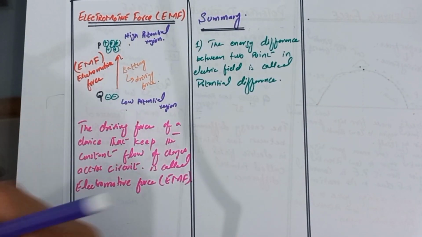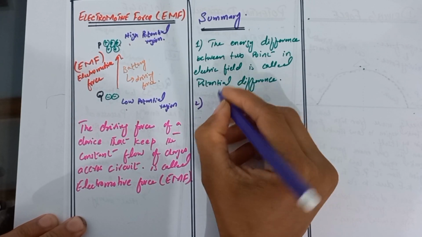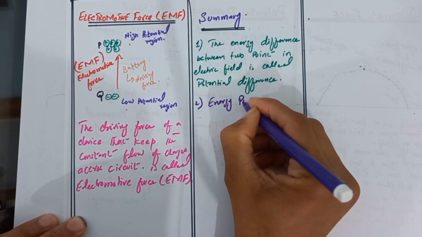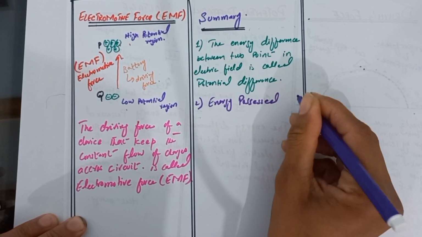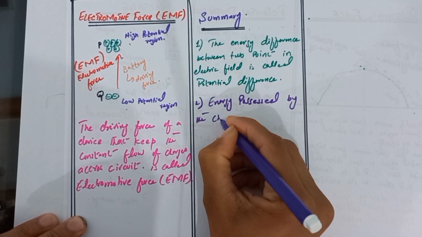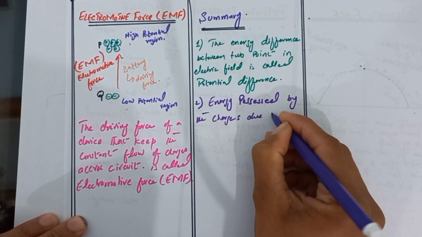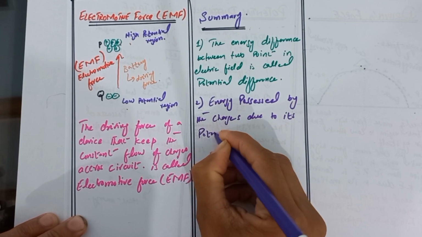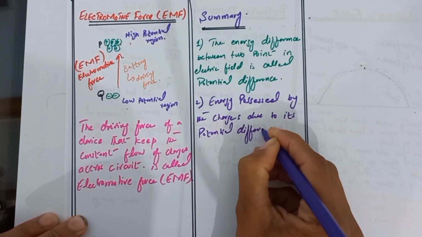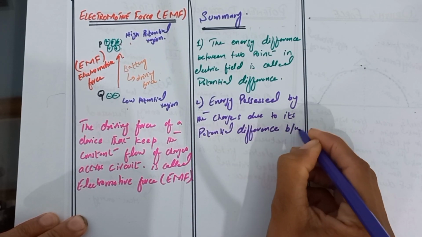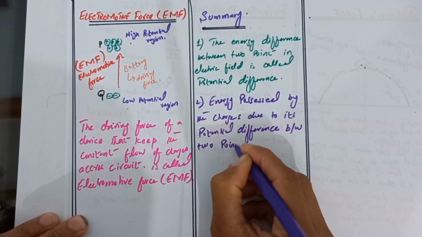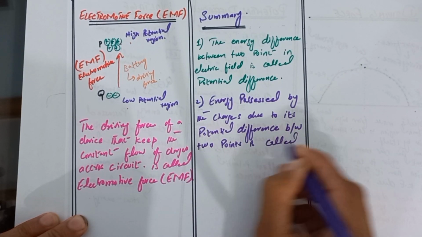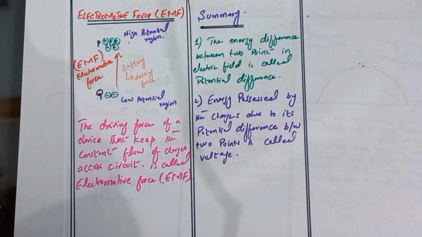The second point we learned is that the energy possessed by the charges due to the potential difference between 2 points is called voltage.